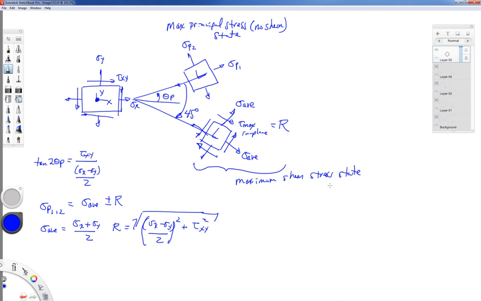All right, so I did write down some equations here. Again, I don't want you to memorize those.